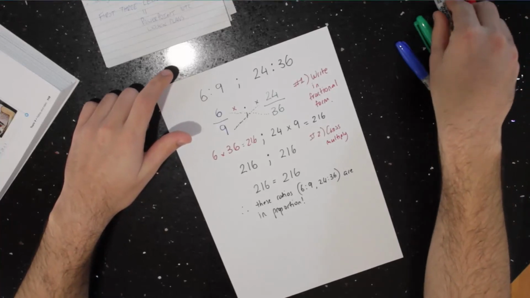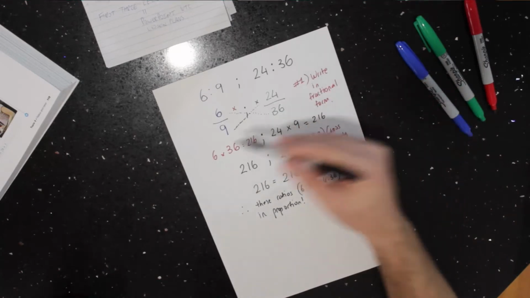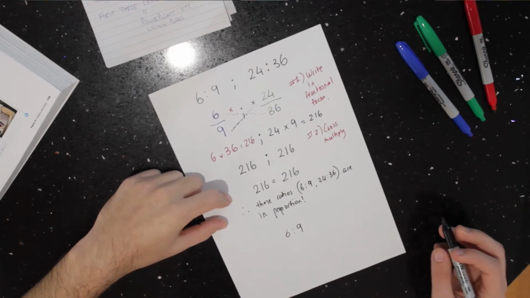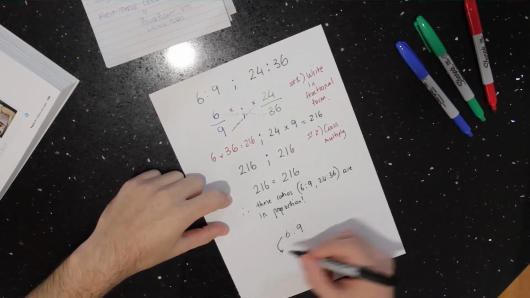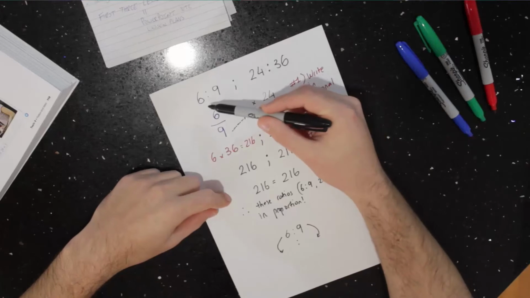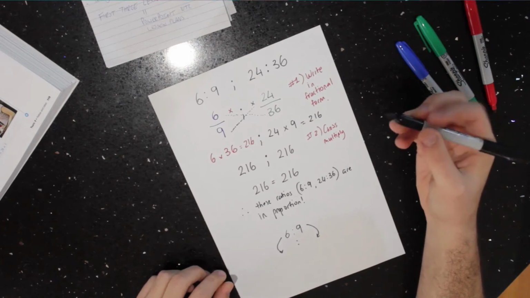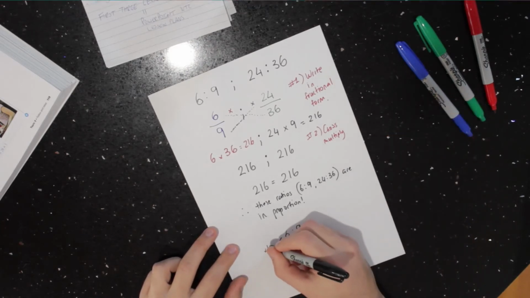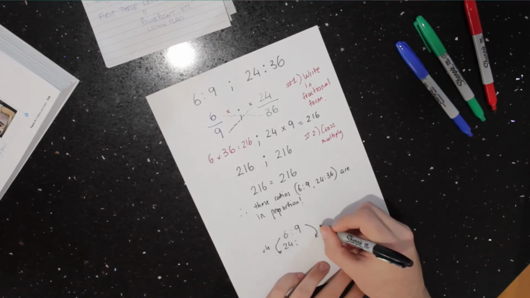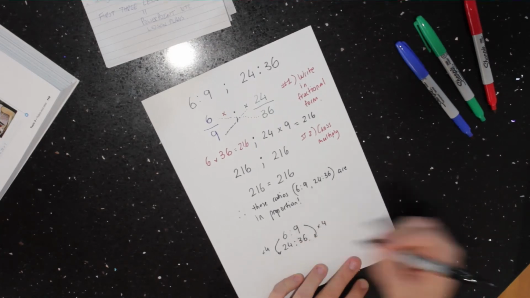Now we can check this, and the way I know this works is, if I had 6 is to 9 here, I can draw my little arrows and ask, what do I times 6 by to get 24? 6 4s are 24. If I do it to one side, I do it to the other side. So 4 times 9 is 36.